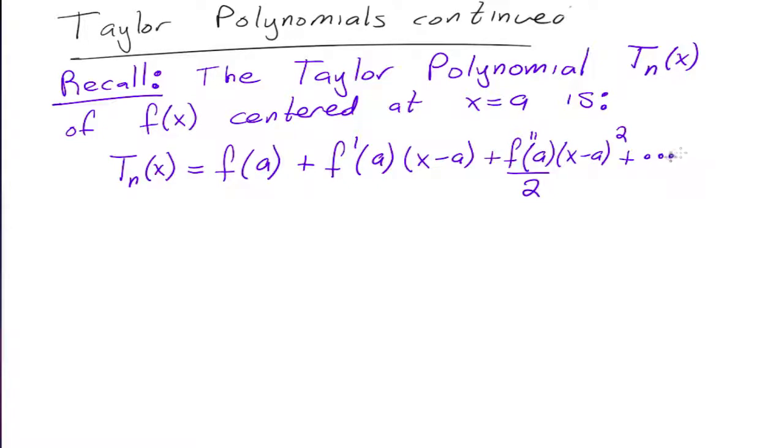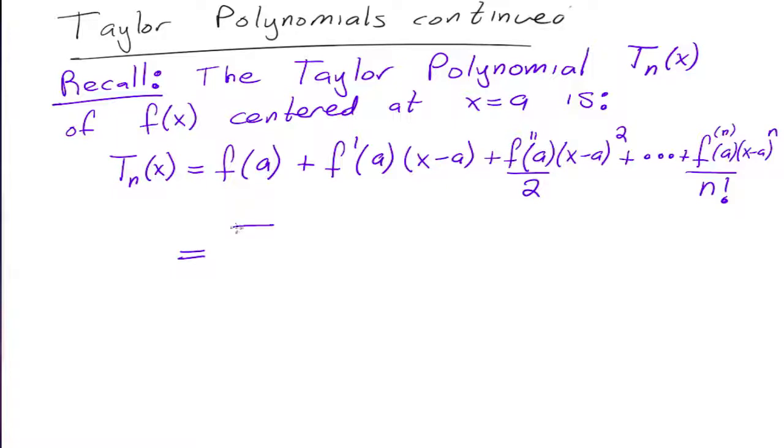Plus dot dot dot, the nth derivative at a times x minus a to the n over n factorial. Yes? So this is what we derived last time, right? Yesterday? You guys remember this? It was only yesterday.